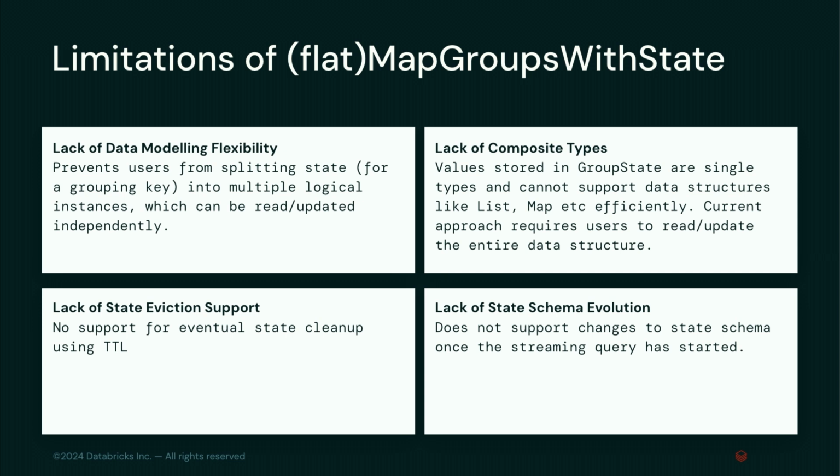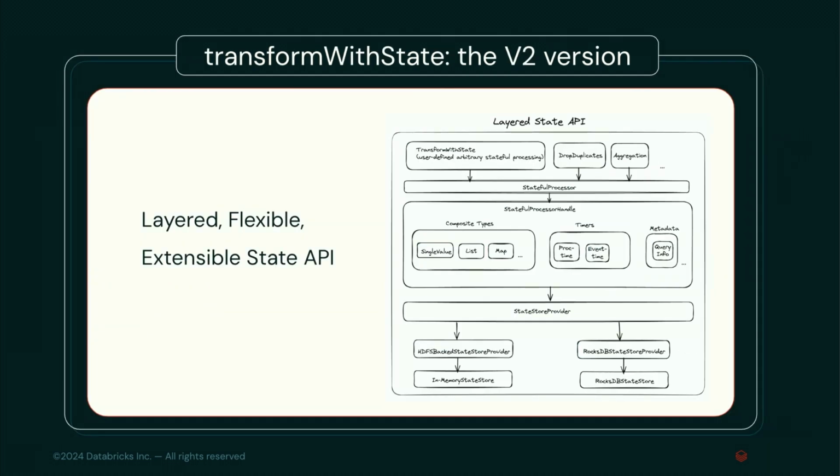And also schema evolution, same as your data, your state can also evolve with new logic. So these are all the limitations of the current API. In Spark 4.0, we have a new V2 API. It's a redesigned API for custom state management. It's layered, more flexible, and more extensible. There's also a session in this summit that goes into the details of this feature, and you can follow that too.